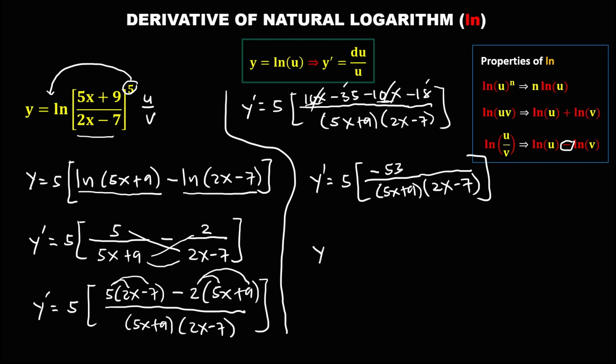Then this time we need to multiply the constant outside to this numerator, so 5 times negative 53. So this one is negative 265, over 5x plus 9 times 2x minus 7.